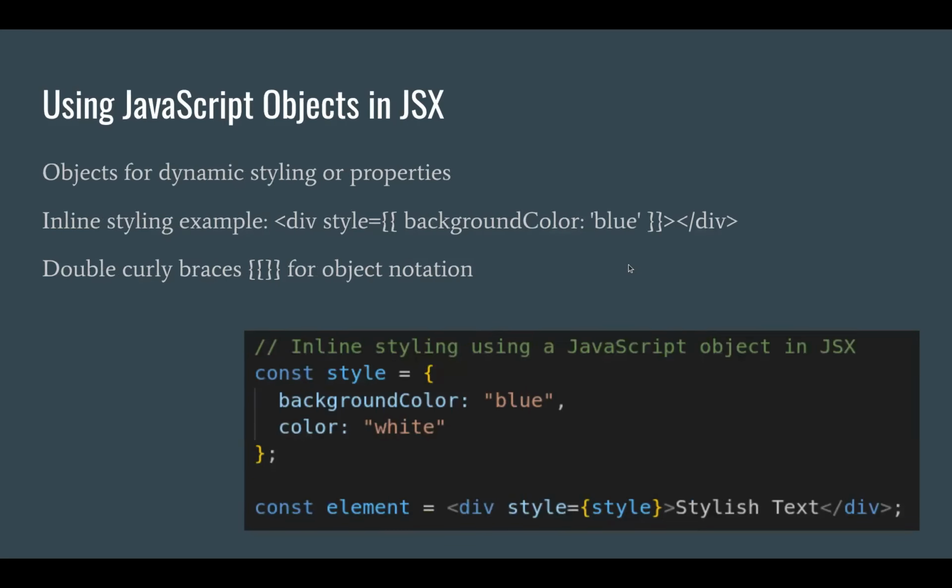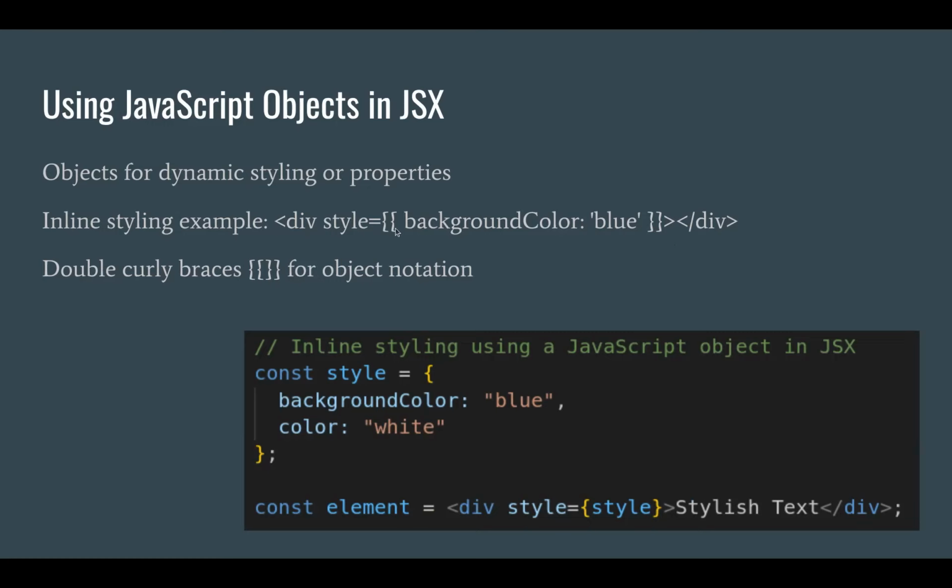Using JavaScript objects in JSX. So JavaScript objects in JSX are most commonly used for dynamic styling or passing complex properties to components. When we want to apply inline styles, we use an object wrapped in curly braces.